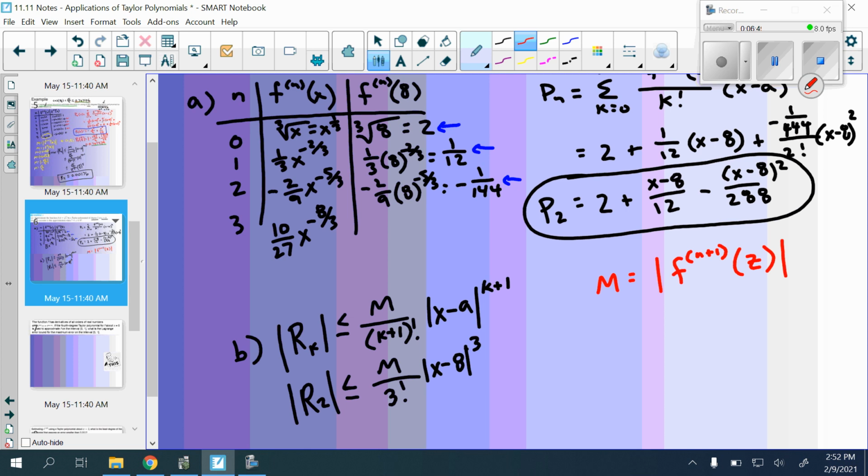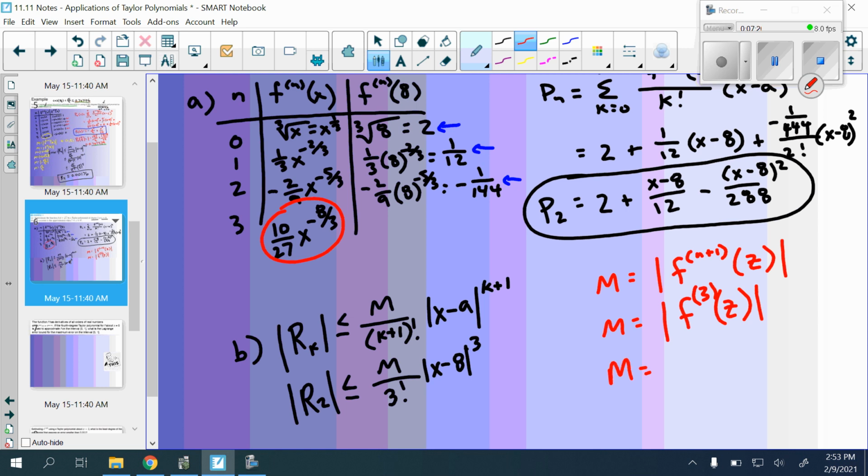So first we know that in this problem, if we're doing it at 2, we're going to have the third derivative of this at z. So we want to find the third derivative at z, and z is going to be whatever value makes this the biggest. Well, we found that third derivative. It's this. So we want to know what value that is going to be biggest at now.